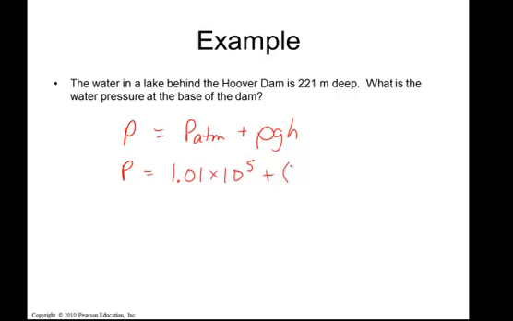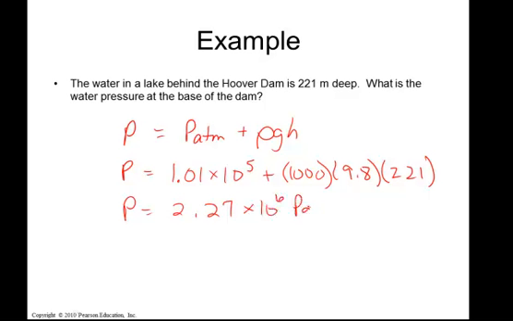The density for fresh water is 1,000 kilograms per meter cubed. g is going to be 9.8, and my height is 221 meters. If I add those up, I should get a pressure of 2.27 times 10 to the sixth pascals.